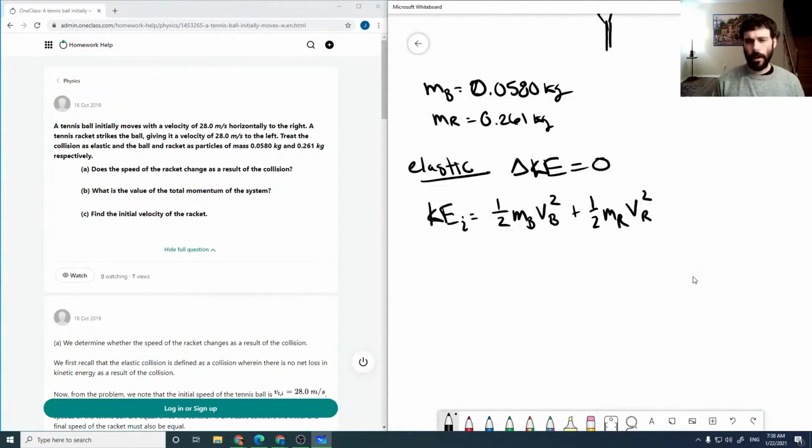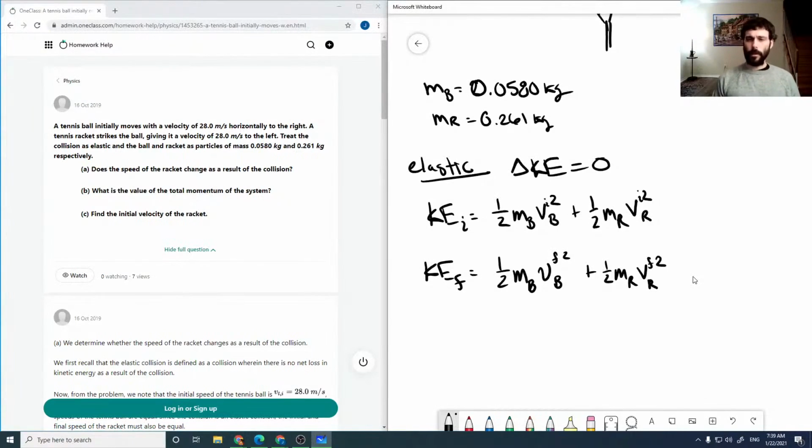And then our KE final. I'm going to put little i's on this to say that these are the initials. The speed of the ball final squared plus 1/2 mass of the racket, velocity of the racket final squared.